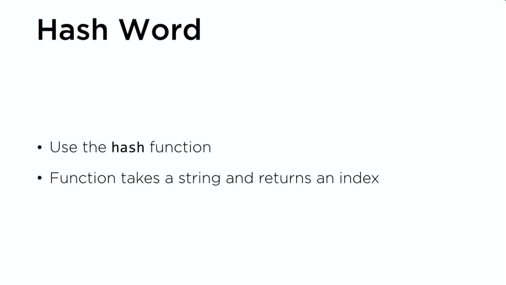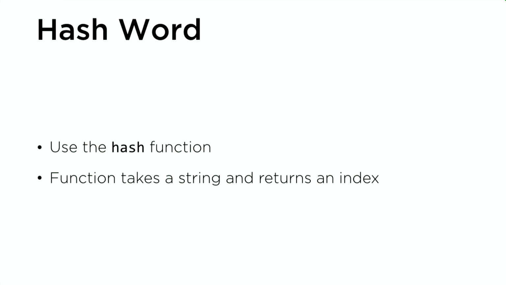Now that we've created the node, the next step is to figure out how it is we're going to insert this node into the hash table. Recall again that a hash table is just an array of linked lists, and we now need to determine which linked list we should use when we're determining where to place this particular node that we've just created. And to do that, we're going to hash the word. You're going to use the hash function, which is defined in dictionary.c, which will be a function that takes a string and returns an index, some number that you can use to index into your hash table.